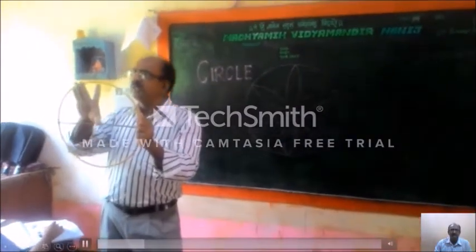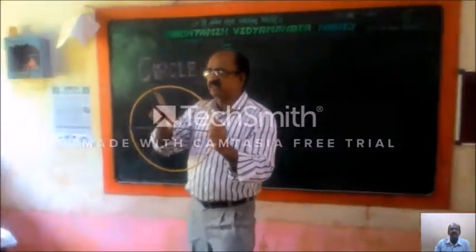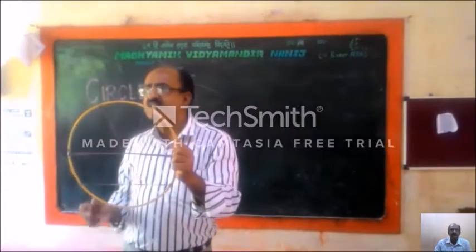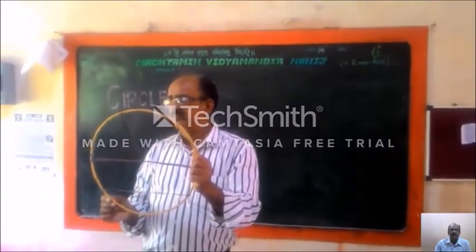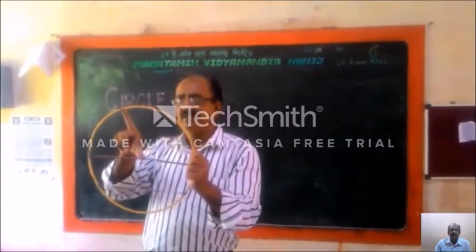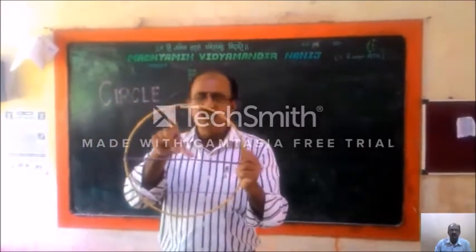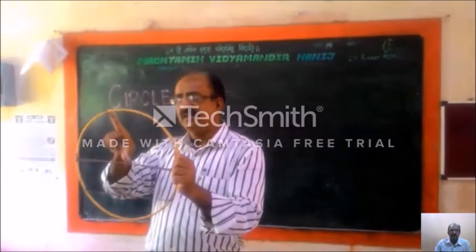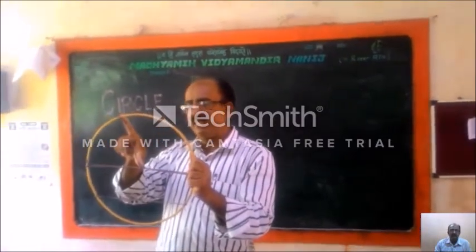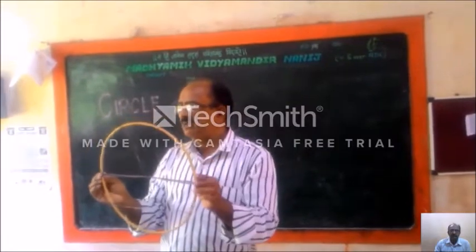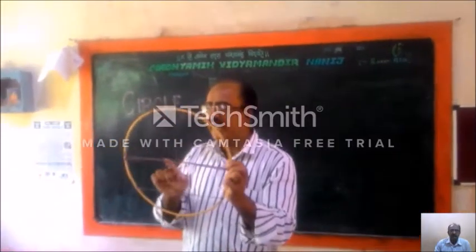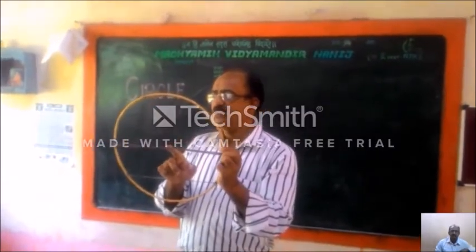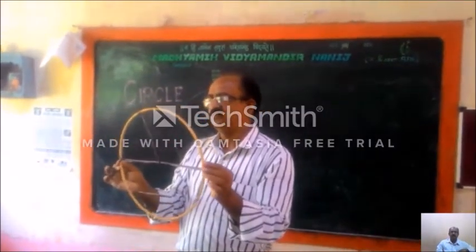Again, we will find a line segment from the center to a point on the circle. This line segment is known as radius. What is this? Radius. And here we see the diameter is formed by two radii opposite from the center.